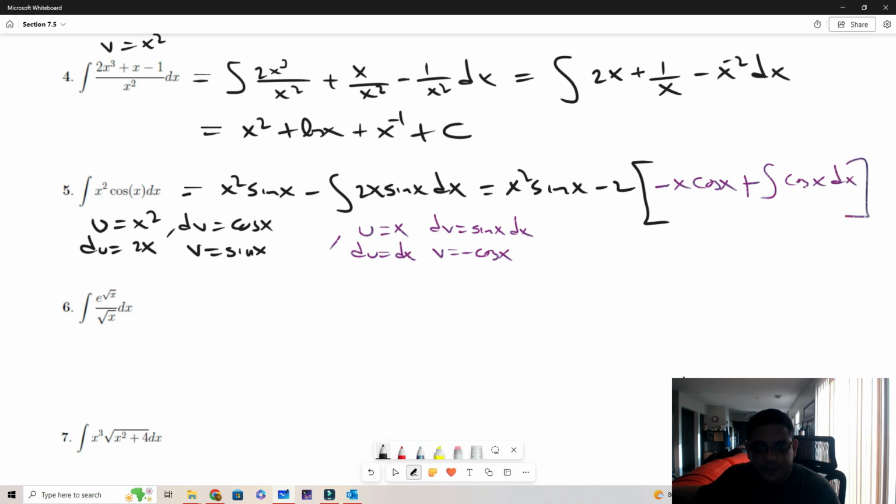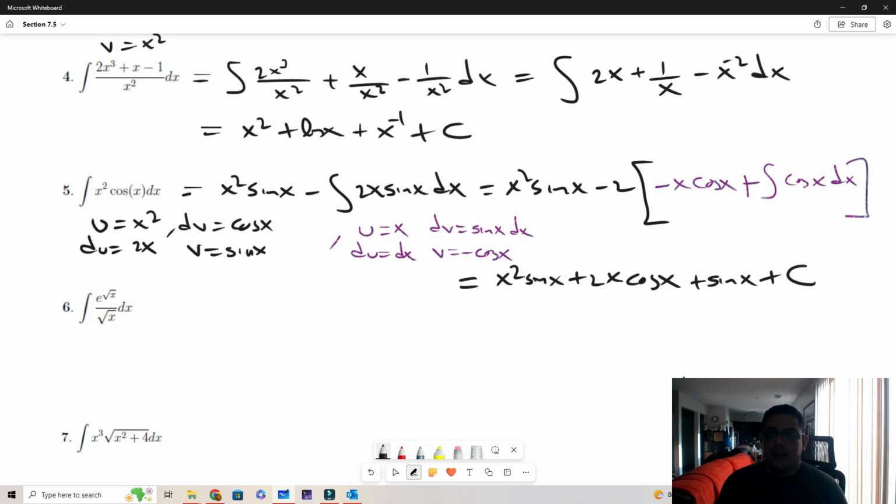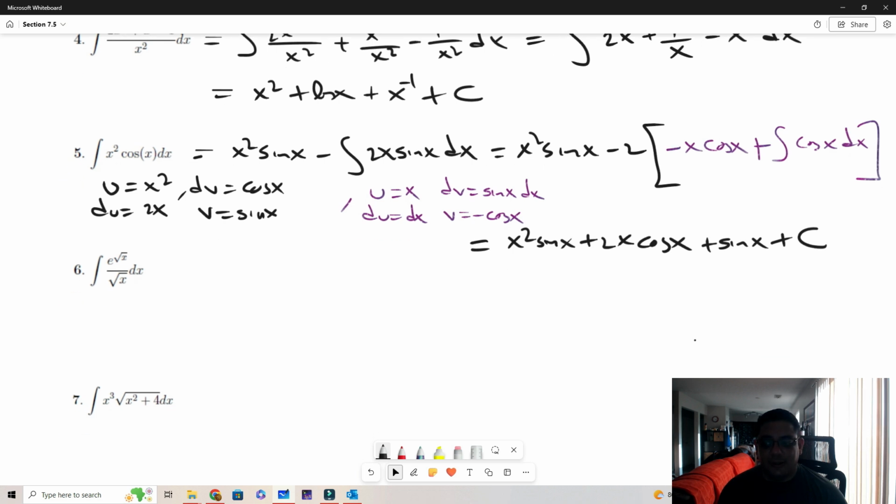And so overall, the final integral result is going to be x squared sine of x, and then plus 2x cosine of x. And then the integral of this is going to be sine, so plus sine of x plus c. So essentially the key here is knowing to recognize that I have to use parts, and after that just doing parts. Sometimes I have to do repeated parts in the same exercise, like here. And that's how I proceed.